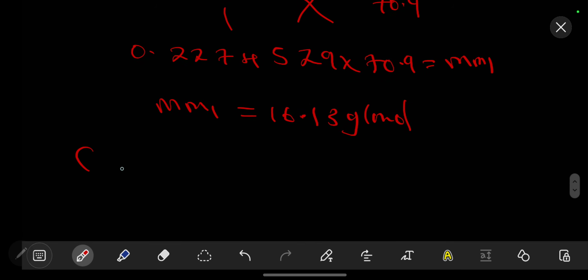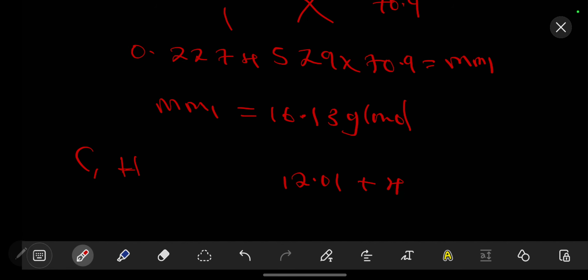This gas is only made of carbon and hydrogen. Since it's 16 and the mass of carbon is 12, we cannot have 2 carbons, because 2 carbons would give about 24.02. So we should have 1 carbon, which is 12.01.